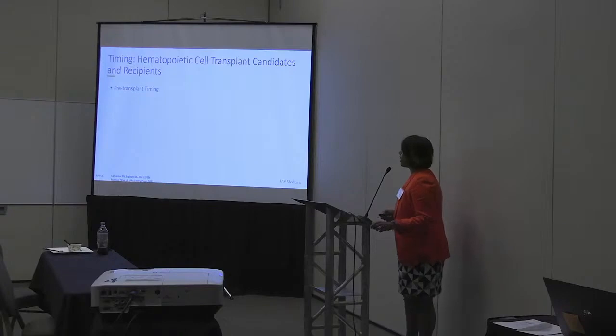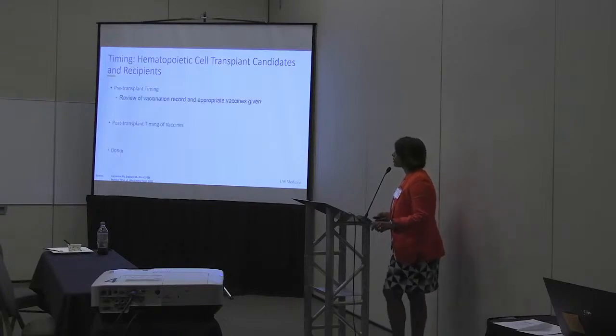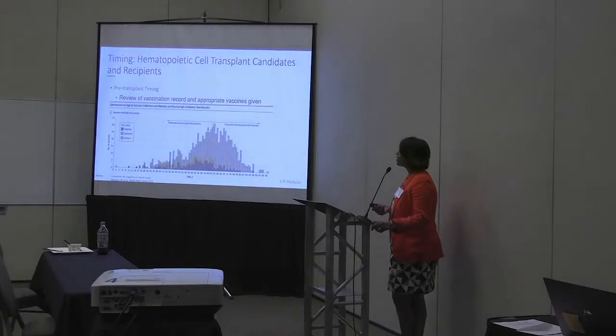In terms of stem cell transplant patients, we look at pre-transplant timing, post-transplant timing, and we also have to take into consideration the donor. Just like with solid organ transplant patients, we review the vaccination record and want to make sure they have had their vaccines pre-transplant if possible. A good example is measles.